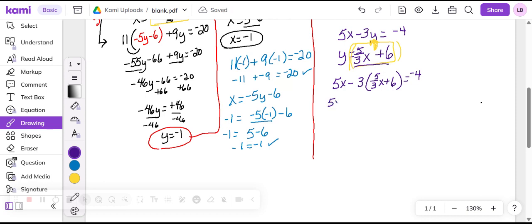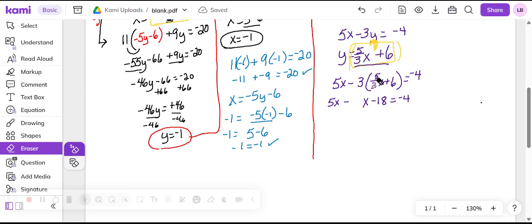Now we're going to use the distributive property. 3 times 5/3 is the same as 3 times 5, which is 15, and 15/3 is 5, so that should be 5x. Negative 3 times positive 6 is negative 18. I apologize for the earlier slip.